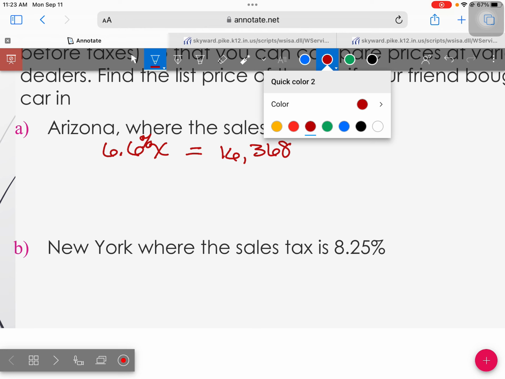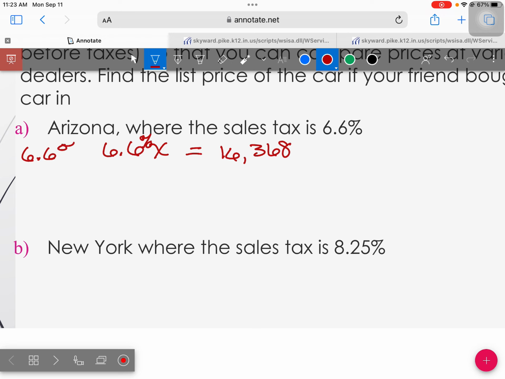You move it to the right or to the left. Okay, so 6.6%, is that going to be 660 or is that 0.066? You move it 2 places to the left.